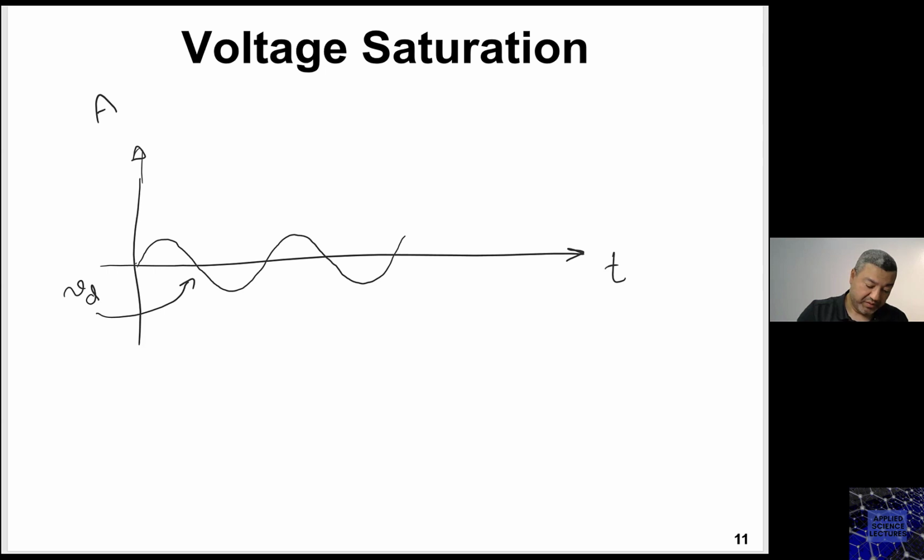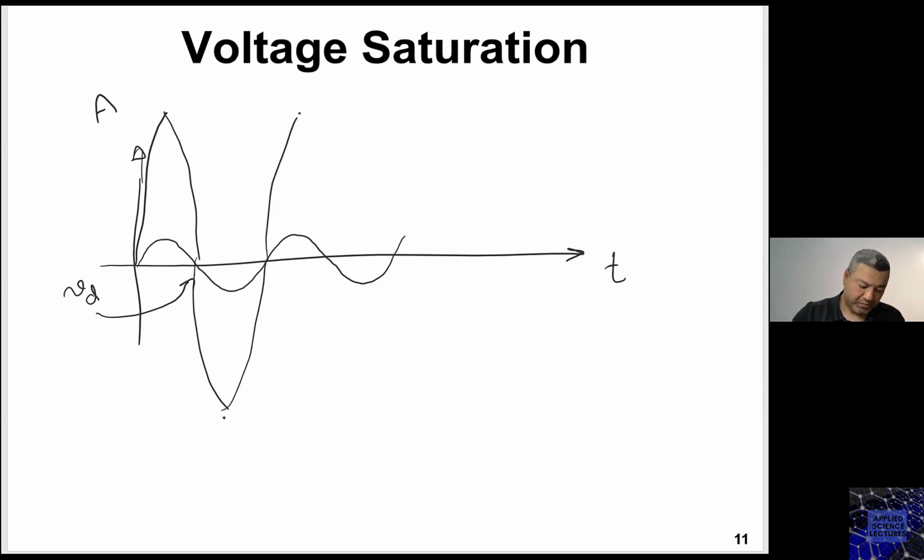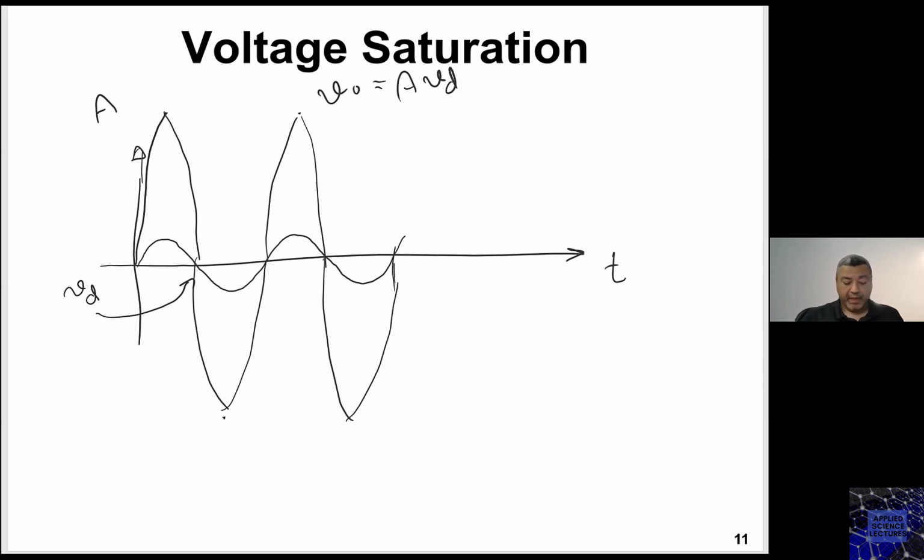So for example, let's assume that the output should be this way, which is A VD. However, this is the VC.